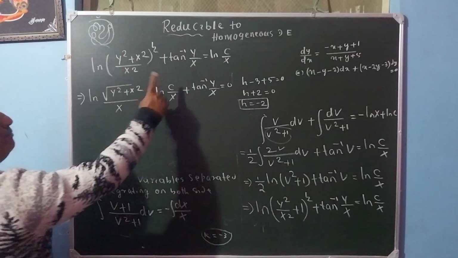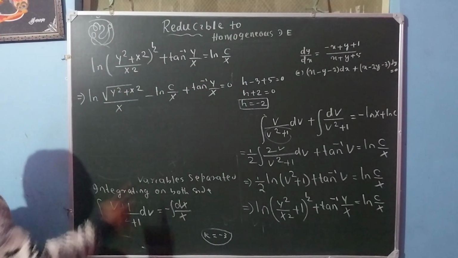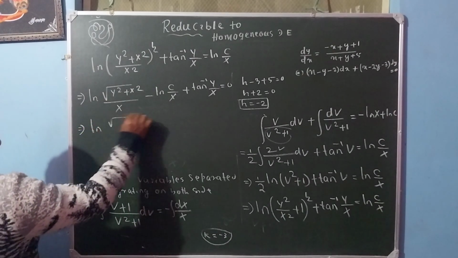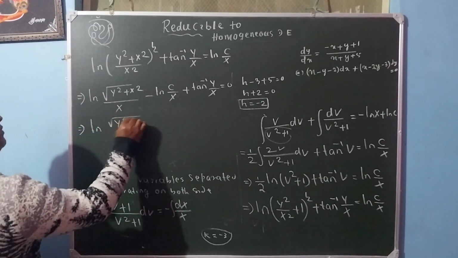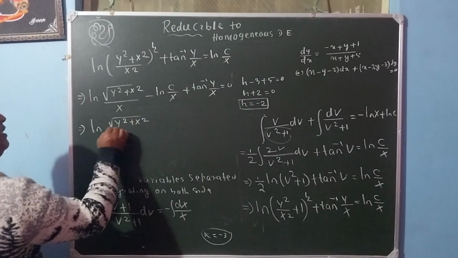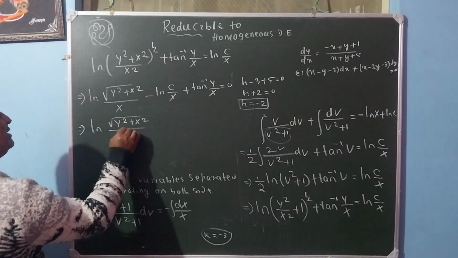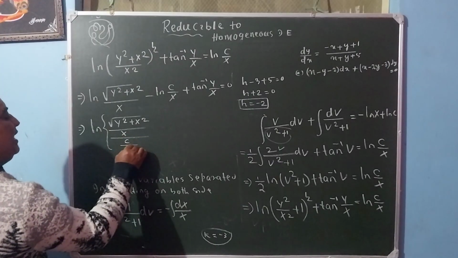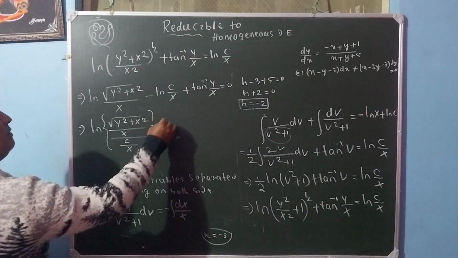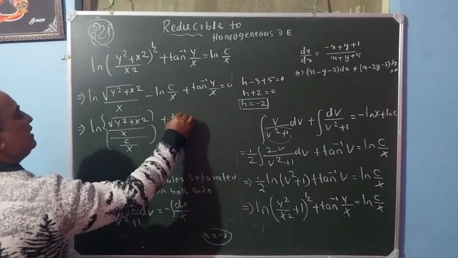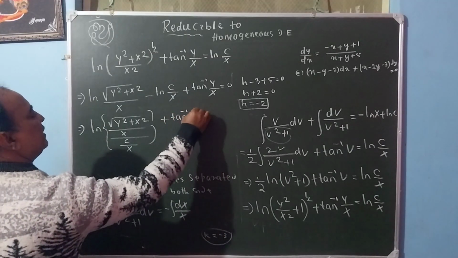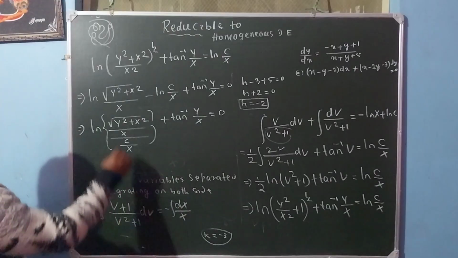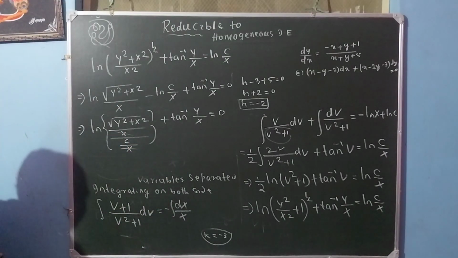Again ln A minus ln B is ln A by B. So ln root over (capital Y square plus x square) divided by x, here it is c by x, plus tan inverse capital Y by capital X is equal to 0. So this x cancels with this x.